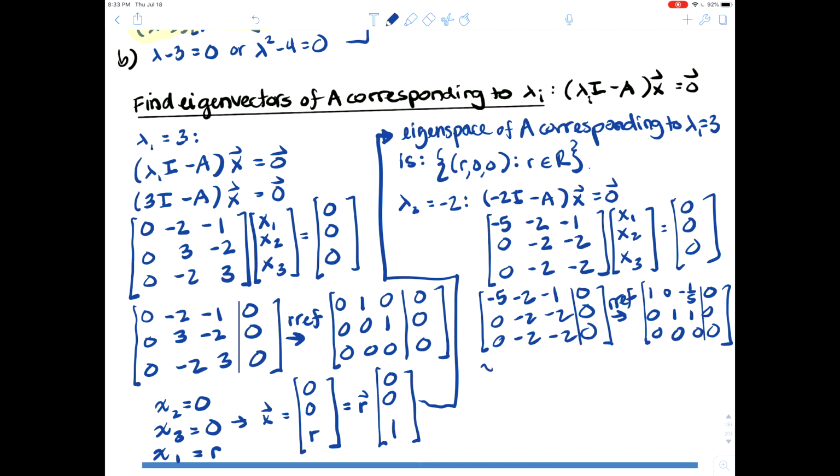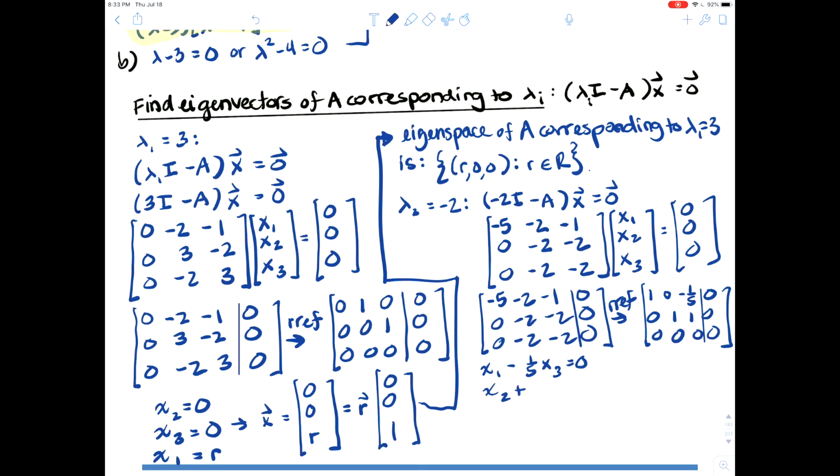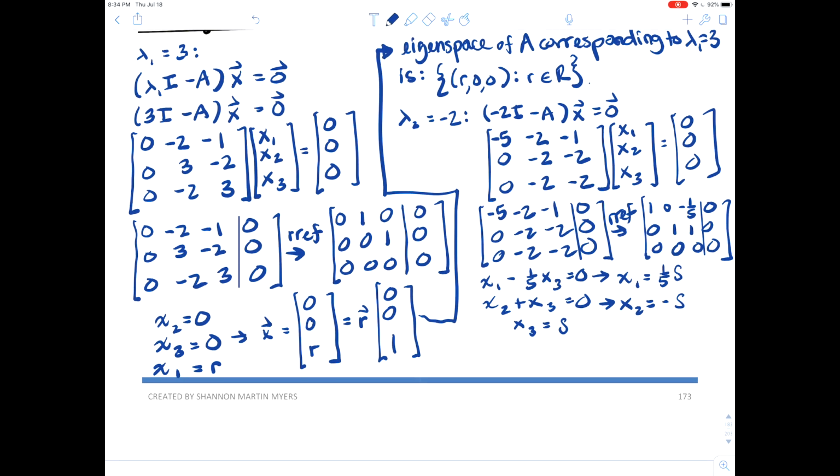So that gives us that x1 minus 1/5 x3 is 0, and x2 plus x3 is 0. So this time x3 will be our free variable. So if x3 is equal to s, we'll call it, then x1 would be 1/5 times s, and then x2 would equal negative s. Okay, so far?